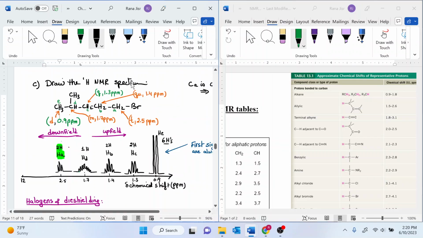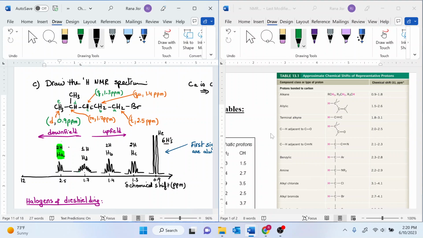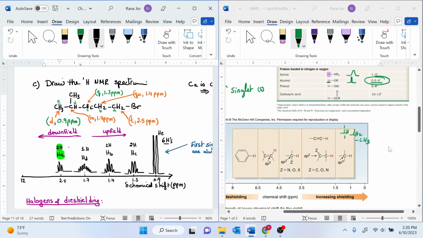Let's go ahead and draw the proton NMR of this molecule here. We said that the closer the hydrogen is to the electronegative element, the further its signal is going to be shifted downfield. So I'm expecting the proton A to be the furthest downfield. Also, we said that when you're looking at the proton NMR, the first signals that you see are CH3s, then CH2s, then CHs.